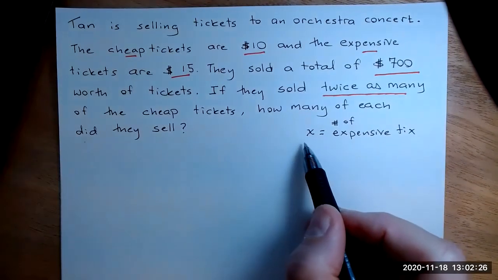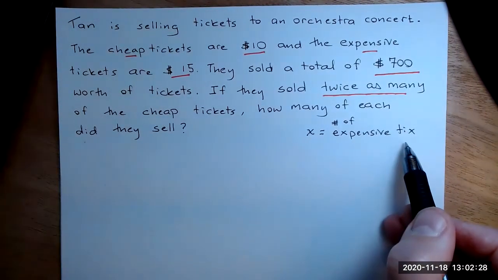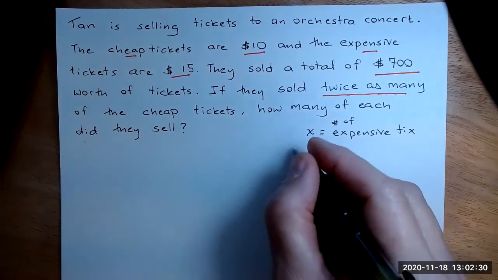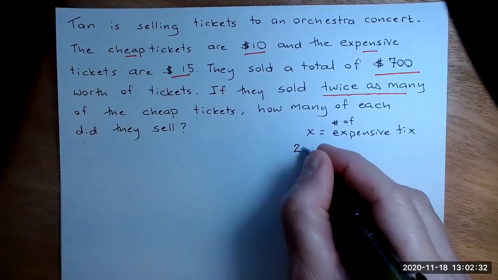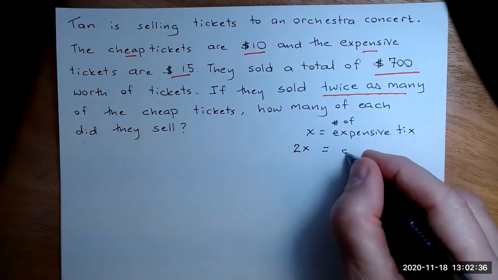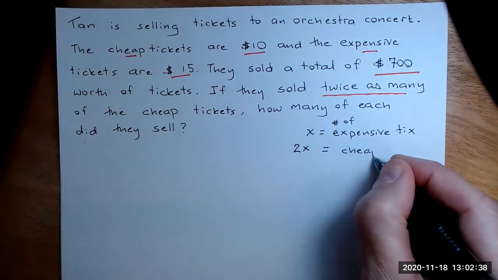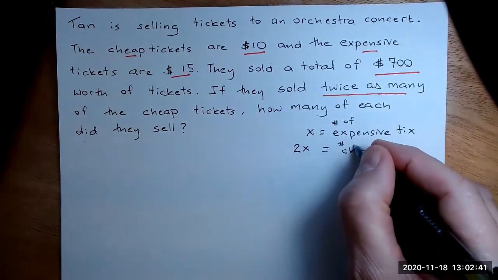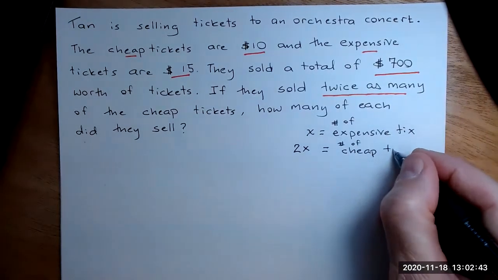So we call x the number of expensive tickets, and then they sold twice as many of the cheap tickets. So that's 2x the number of cheap tickets.